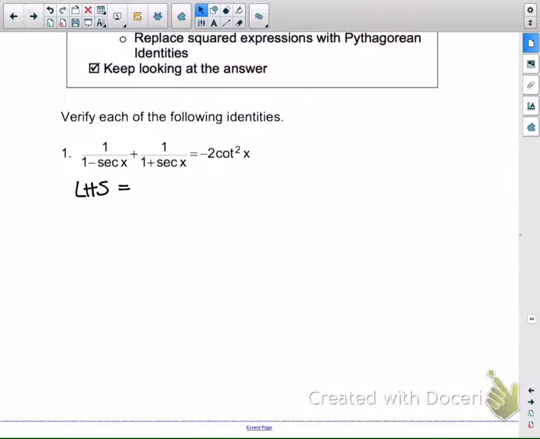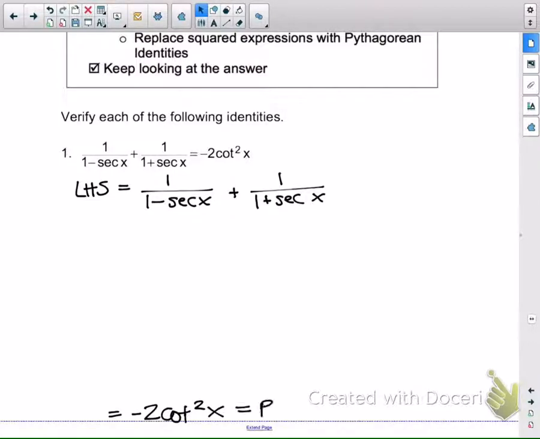And I picked the left-hand side because it is obviously the more complex one. And what am I aiming to turn this into? The right-hand side. So at the end, I'm going to get to -2 cotangent squared x, which is my right-hand side.